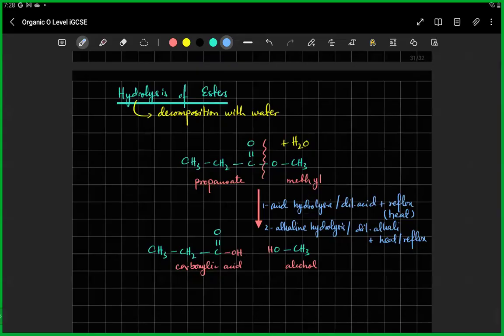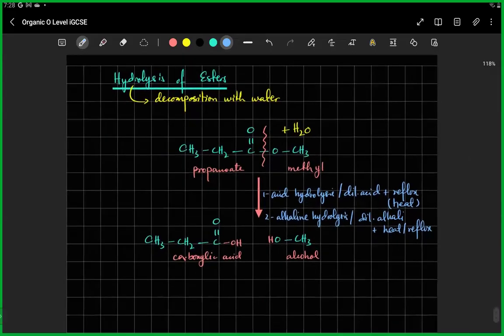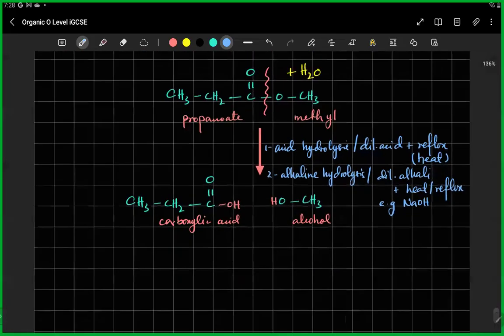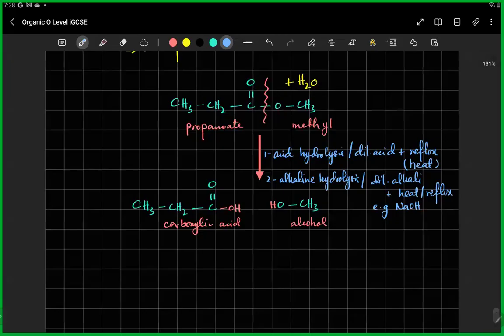तो alkaline hydrolysis में ना, remember एक मसला होता है कि alkaline hydrolysis में ना, when you add an alkali, for example you add NaOH, तो होगा ये कि you'll have a further reaction कि you won't get carboxylic acid. What you're going to get is a salt of the carboxylic acid.